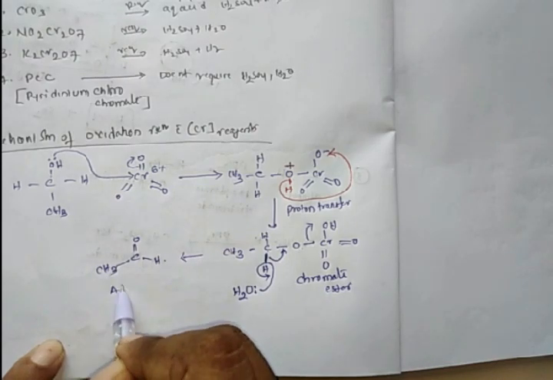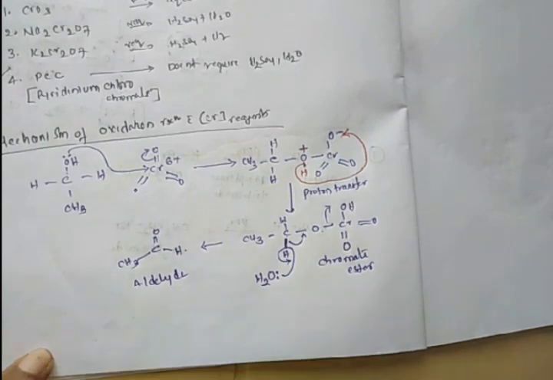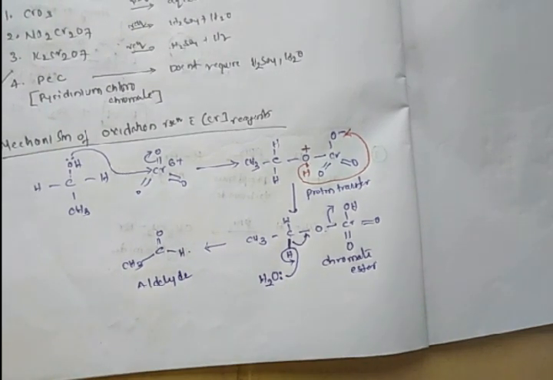It's an aldehyde. So this is the mechanism of oxidation of alcohol with chromium reagents.